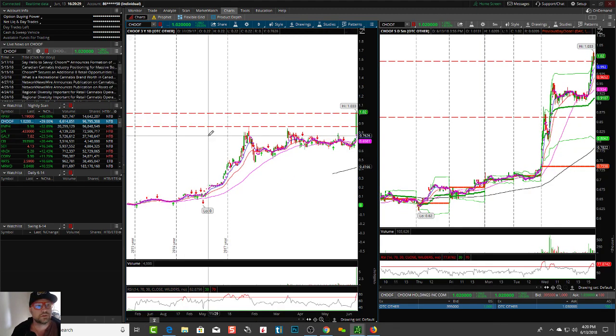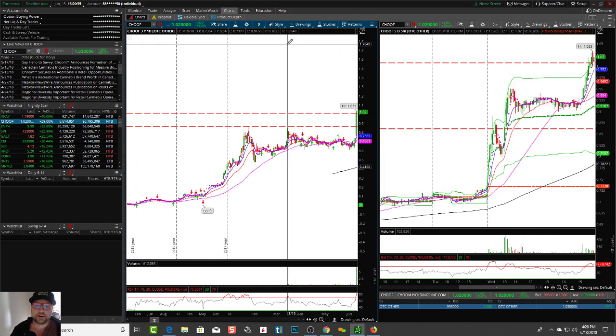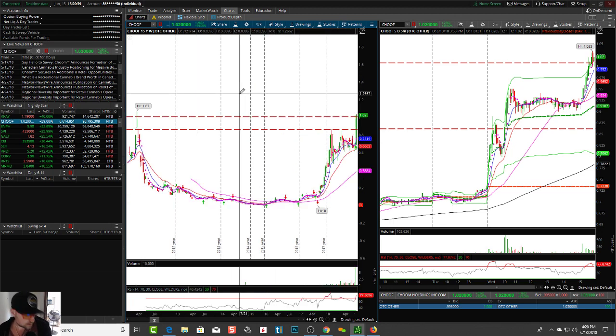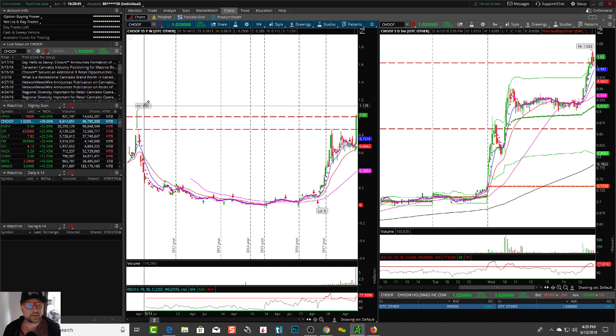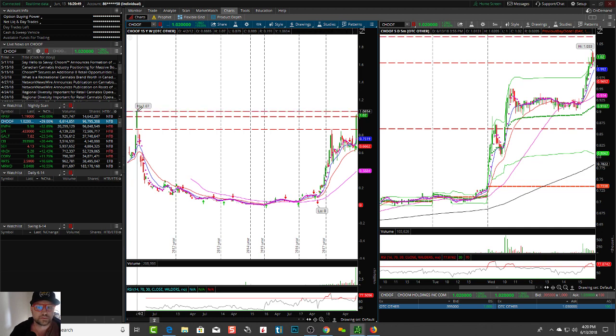Choof sounds like somebody sneezed, right? All right, so with Choof, we will look here. And wow, look at that. 107 resistance on the weekly. Big cup and handle.